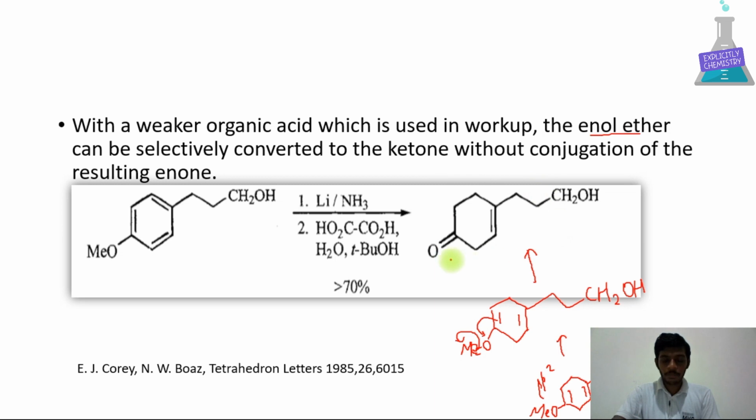So this product is obtained. So this enol ether can be selectively converted to this ketone without conjugation. This is ene and this is ene and this is one. This enone. This is taken from Tetrahedron Letters.